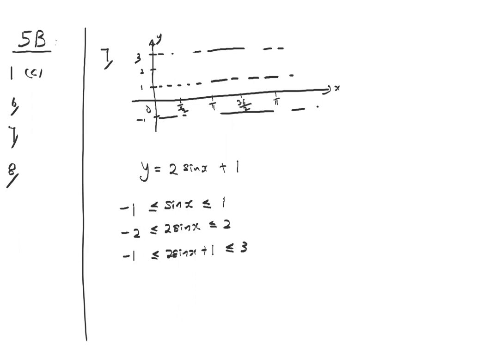So I start from equilibrium point, go to the highest point, go back to equilibrium point, go to the lower point, then go back to here, equilibrium. So this is the nature of sin curve.